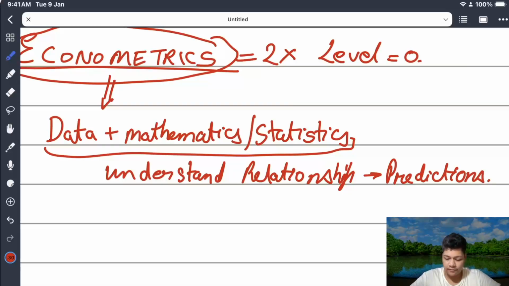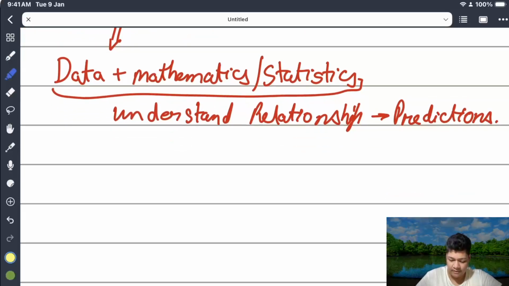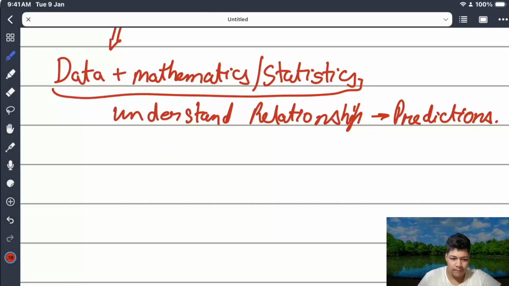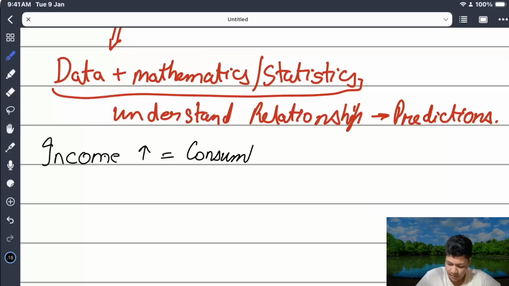So what's the real world purpose? If income is rising, then how much does consumption increase? Suppose we want to understand the relationship between income and consumption.